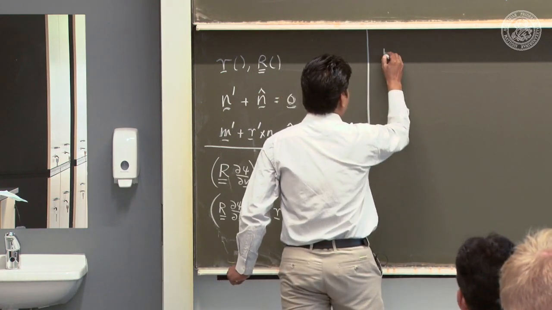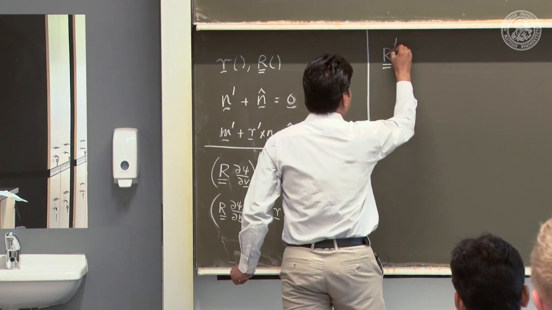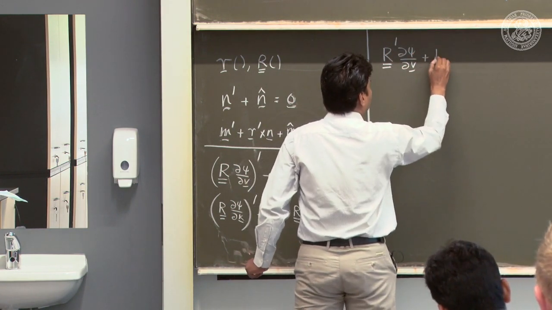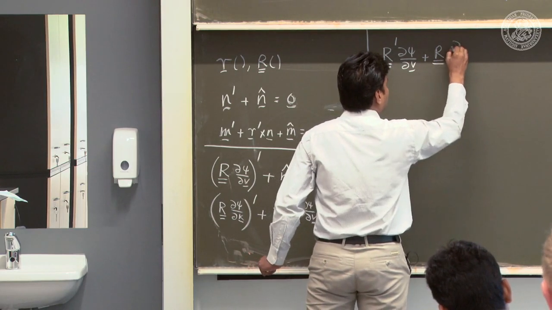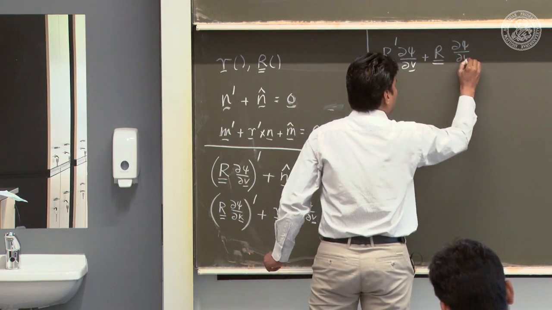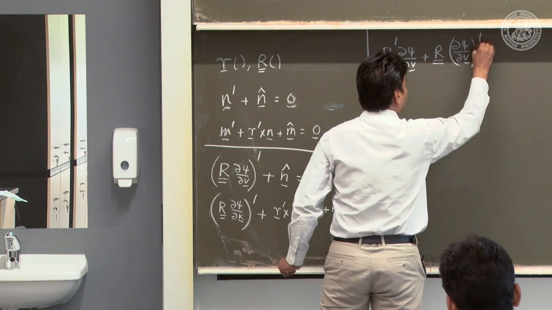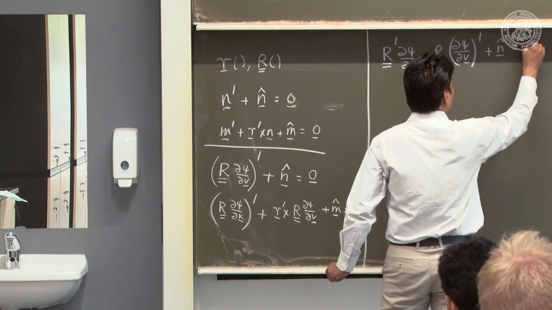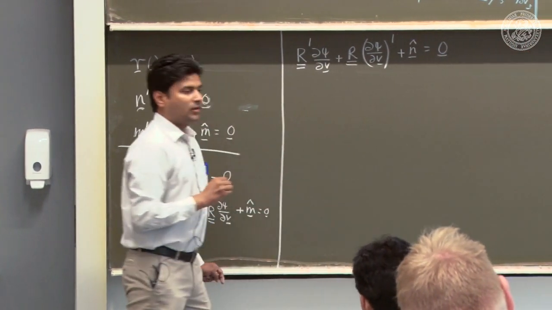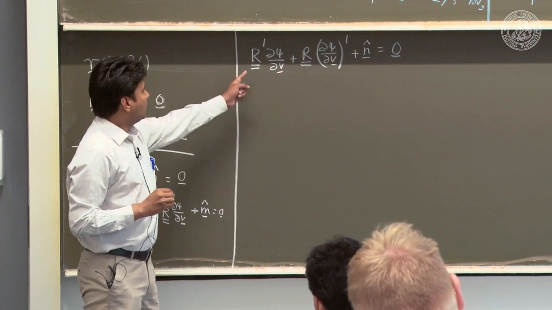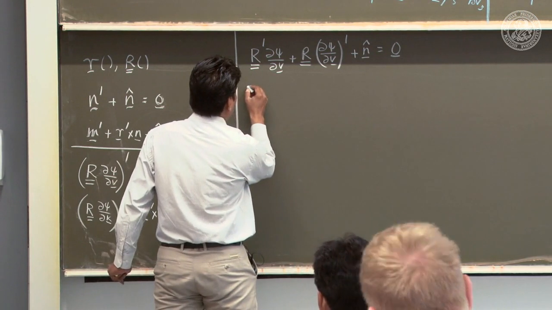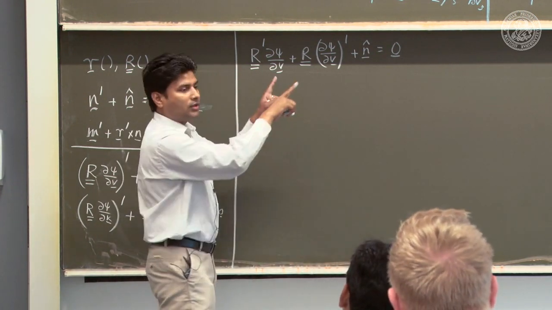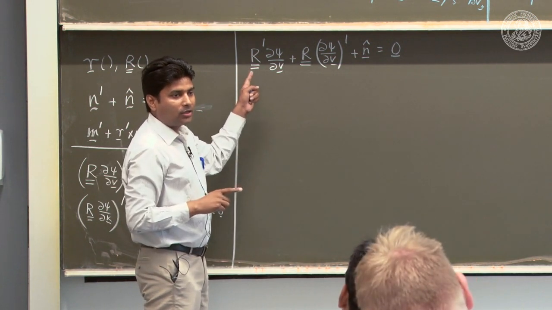So this becomes big R prime del psi over del V plus big R times del psi over del V prime plus n hat equal to 0. All right, so let's multiply the whole thing by big R transpose.